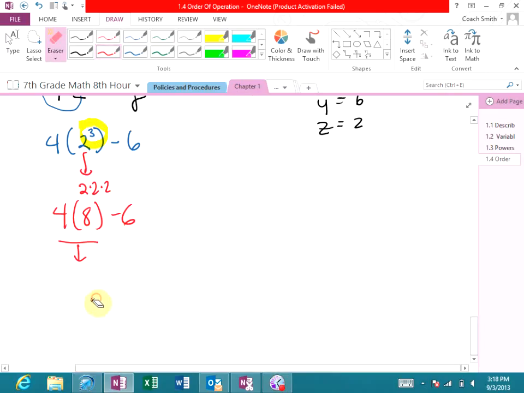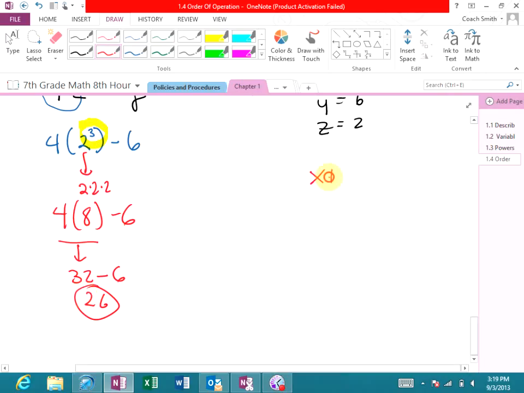I'm just seeing if y'all are paying attention or if you're just rolling along. So that would be 26. Is it 26 or 28? 32 minus 6, you tell me. 32, 31, 32. Okay? All right, now, I want you to do this one on your own using the same values.